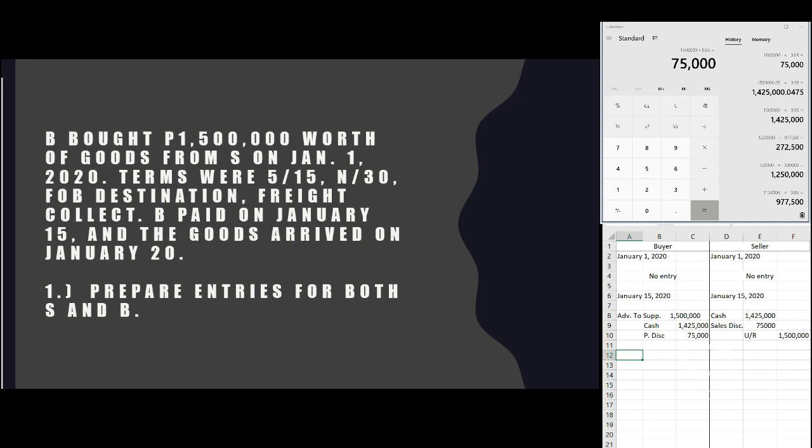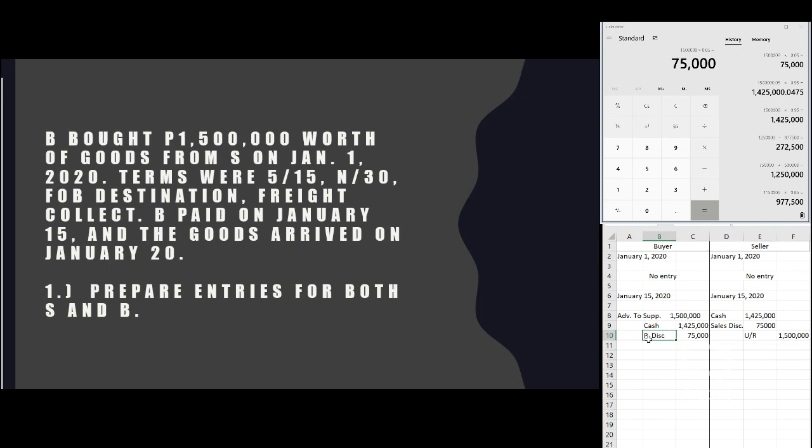So, ang advances to suppliers, guys, this one will be a receivable. Magiging receivable siya. So, kung makikita nyo, debit advances to suppliers, ang counterpart nun is unearned revenue ni seller. Counterpart ng cash, of course, mawawalan si buyer ng cash, mapupunta yung cash kay seller. And then, since magre-record ng sales discount si seller, mag-record din ng purchase discount etong si buyer.